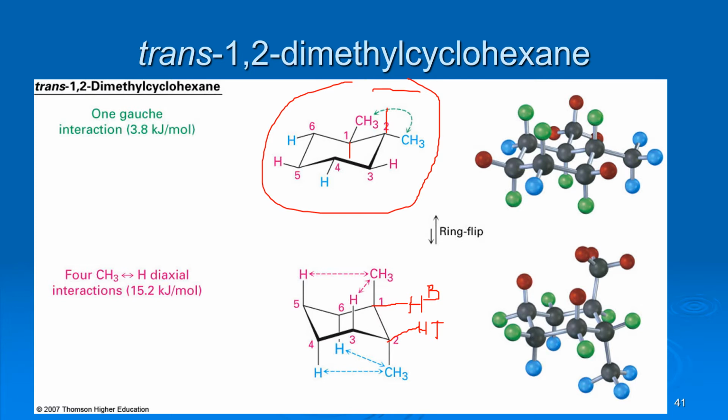So now they're both equatorial, and there are no 1,3 diaxial interactions at all. The only thing we have is one gauche interaction between these two groups because they're on carbons 1 and 2. So this is very low energy compared to both of them being axial. So this one's low energy and this one's high energy.